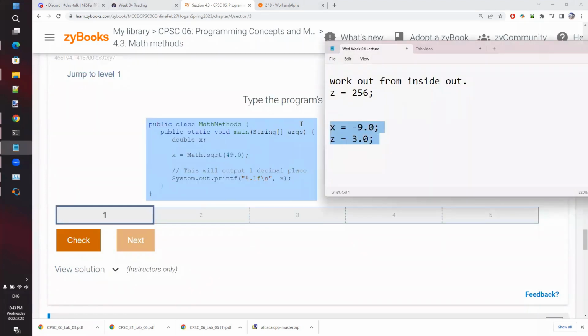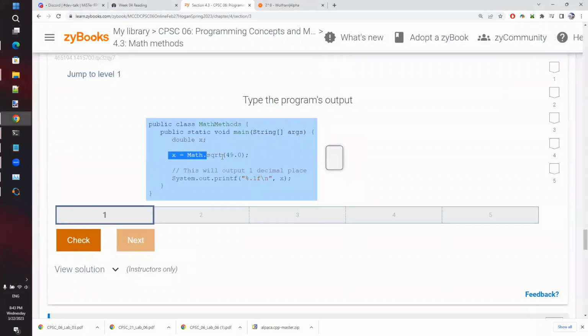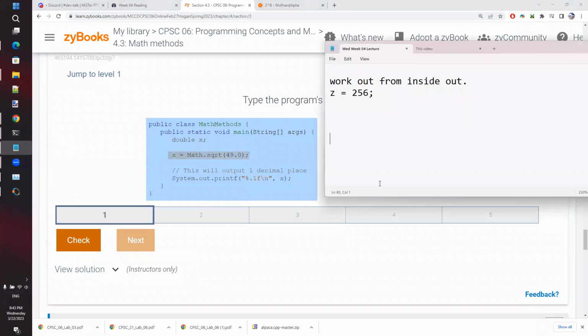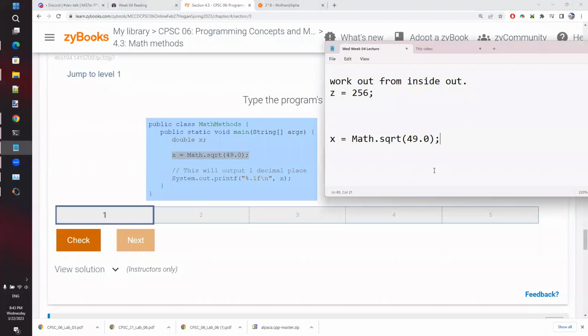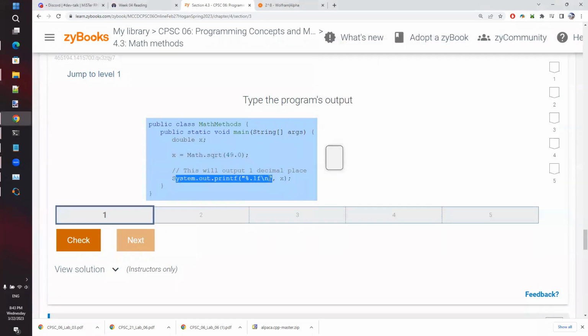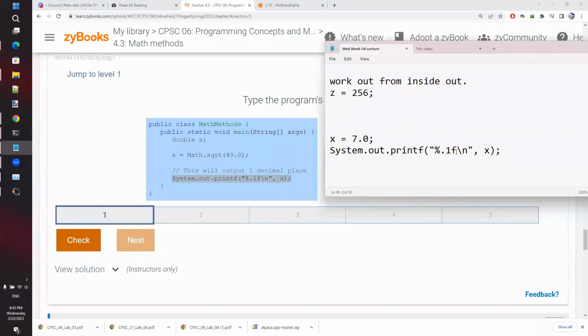So, following this code, we've got double x, and then x is the square root of 49. Okay, so when you get this line here, you say, okay, x is the square root of 49, but the square root of 49 is just 7, right? So it's really just 7. And then it prints it out. So when we print this out, remember how this is going to go. This right here means we're printing a floating point number, a decimal number. That's what the F is for.